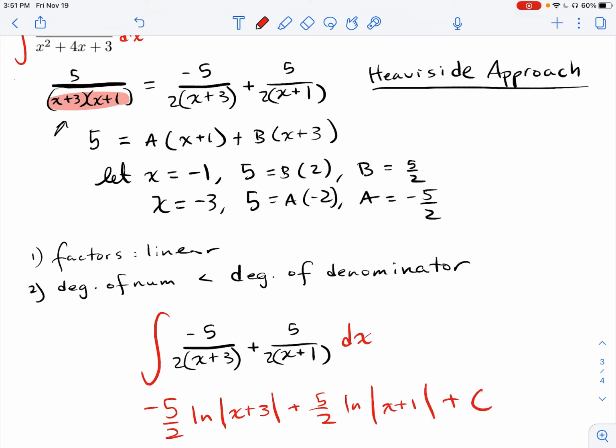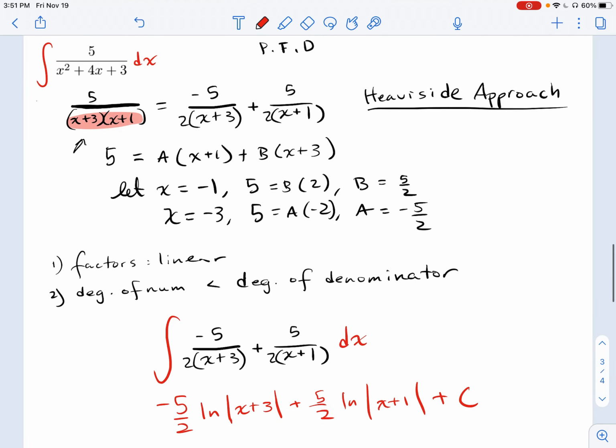So we do partial fraction decomposition because it allows us to take a fraction that was previously difficult to integrate, and by breaking it up into smaller fractions, we can integrate each one of those fractions individually.